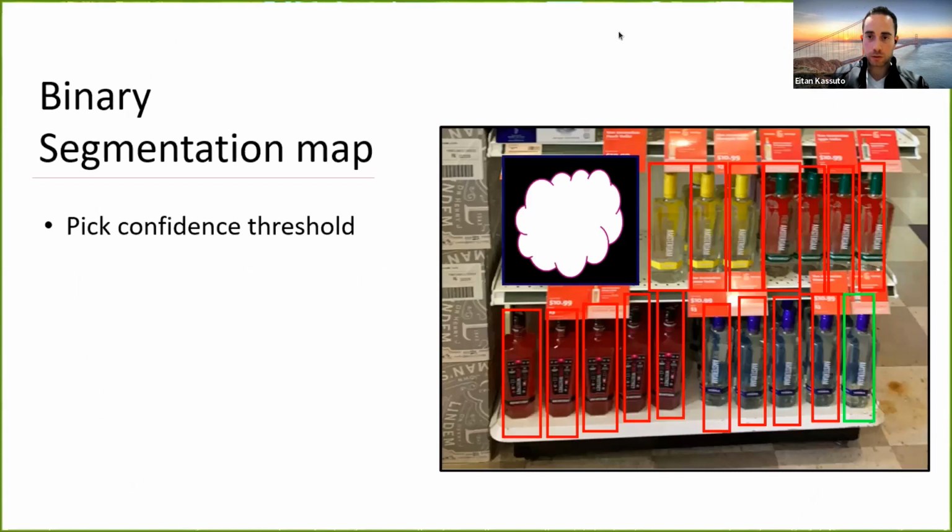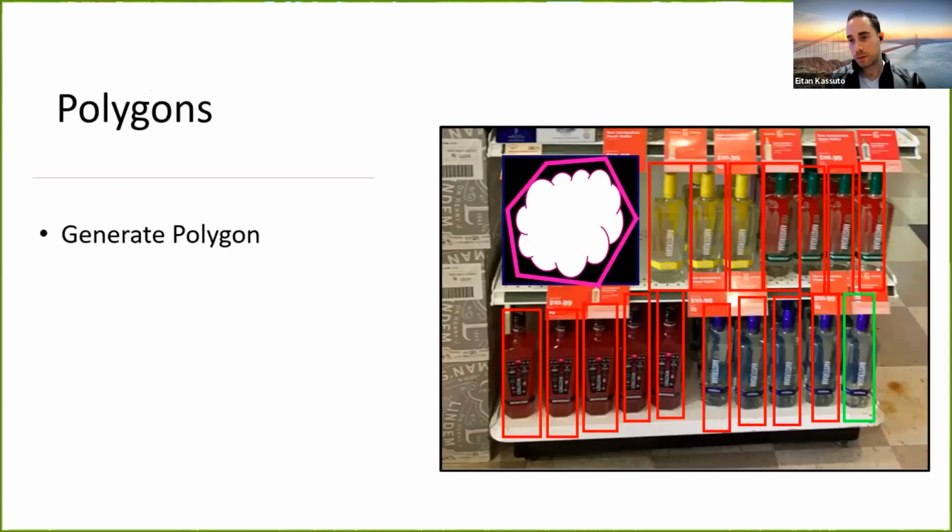So first, we create a binary segmentation map based on the segmentation map that we have, and that's based on a confidence threshold. And once we have that binary segmentation map, we can then generate a polygon on the bounds of where we think there is empty.